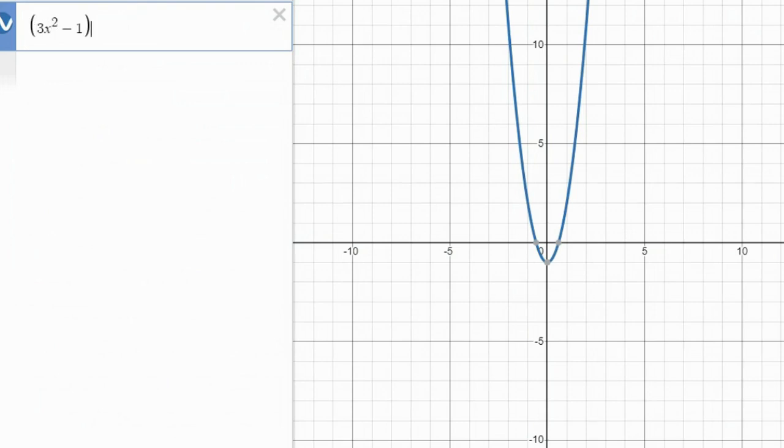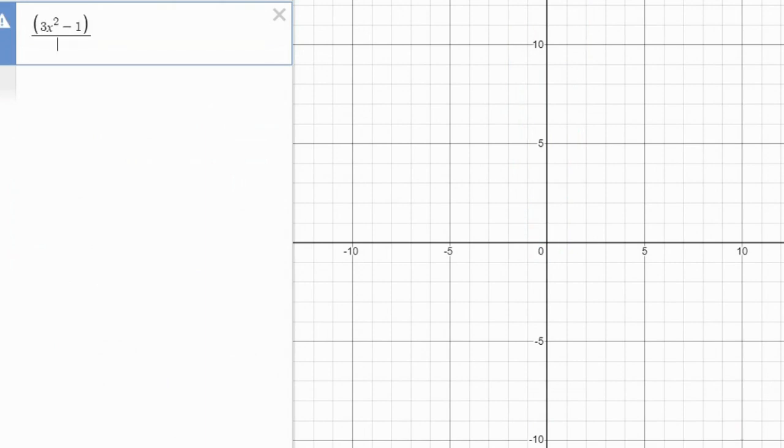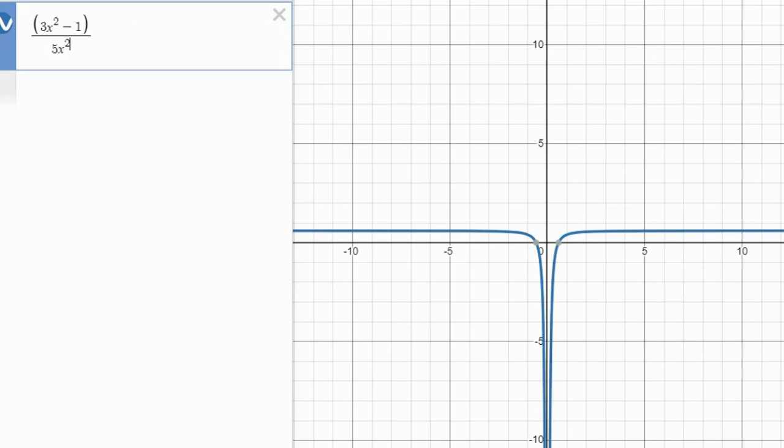And then it's divided by 5x squared plus x plus 2. It dips down. But what is this approaching? This is approaching, getting closer and closer to 0.6, which is 3/5, right? There it's right above 0.6.